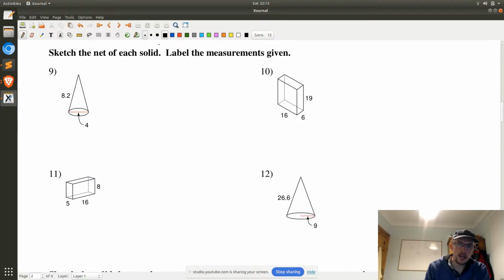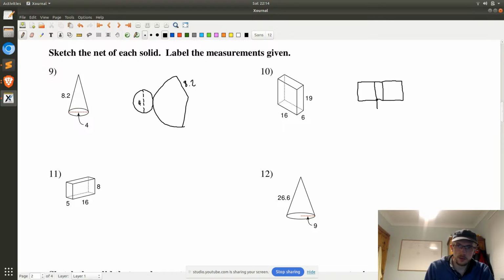Sketch the net of each solid, label the measurements given. Okay, so roughly speaking, the net of a cone kind of looks a little bit like that. A little bit. 4 and 8.2. That's fine. Multiple nets are possible.